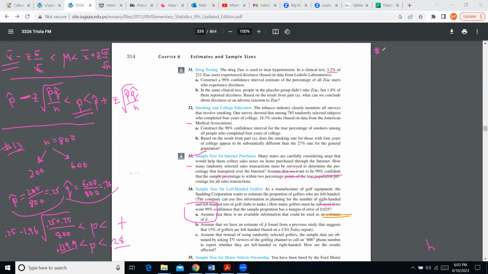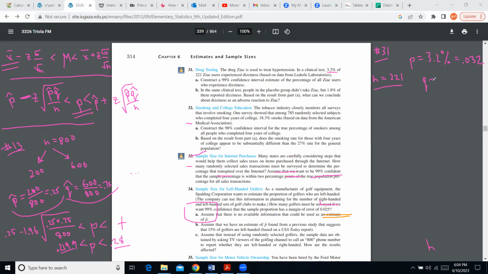That's P. That's a percent. So if you have 3.2%, I need to write it as 0.032. Remember, 3% is 0.03. There are hundreds. And the sample size is 221.